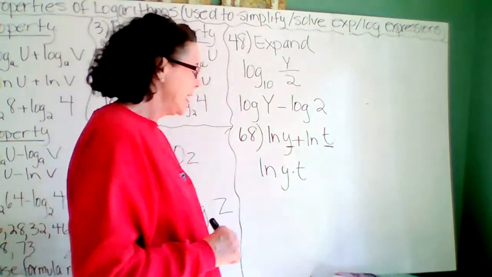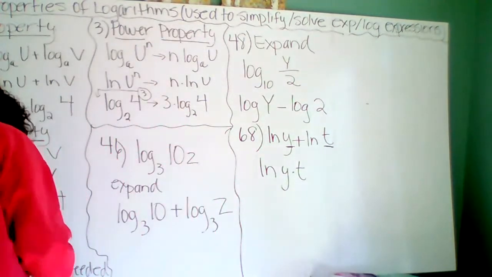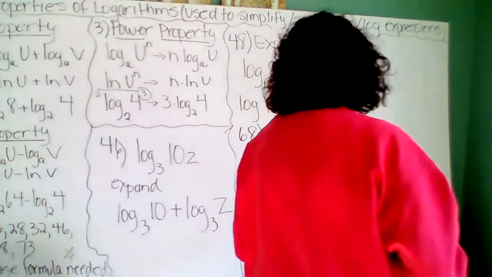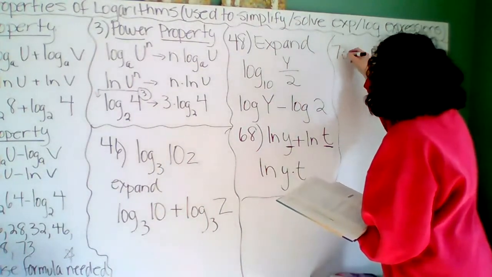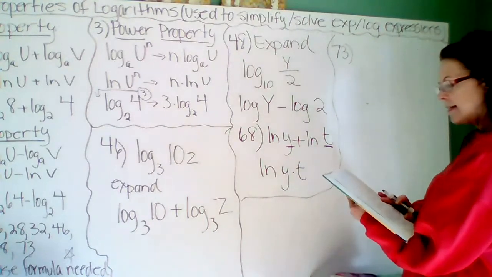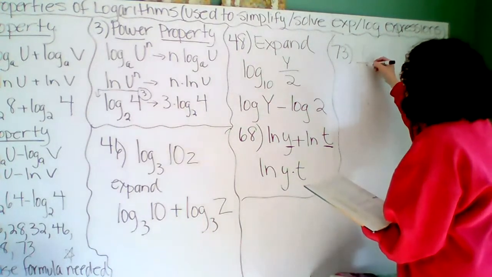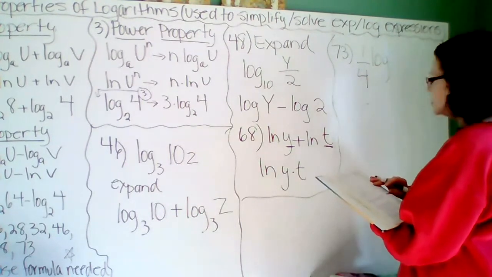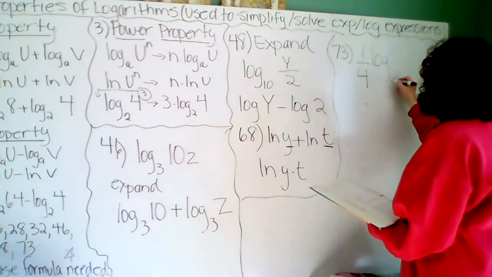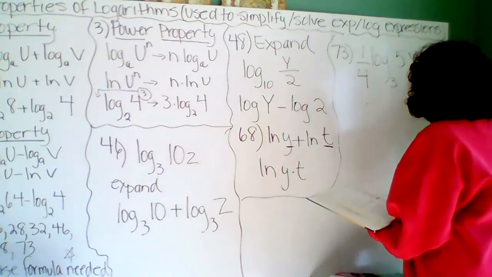There we go, 68. We have one more, number 73. Again, asking us to condense. Let's see, on 73, 1/4 log base 3 of 5x.